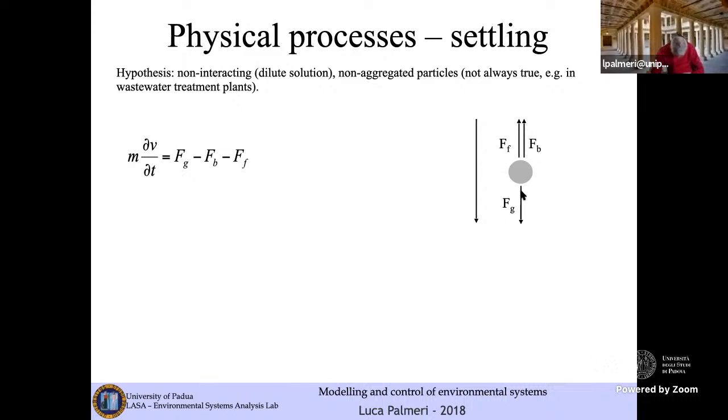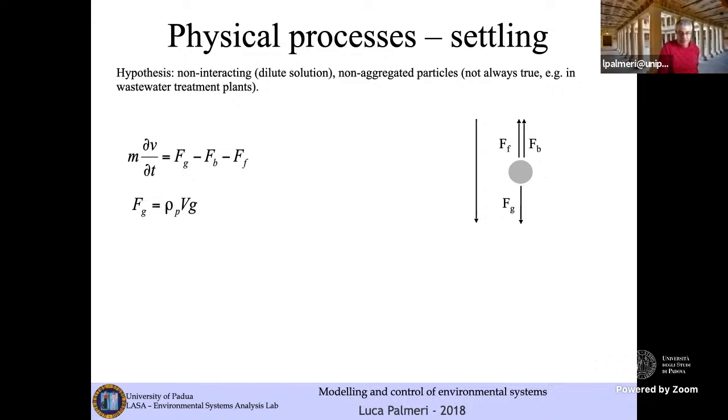The gravitational force is the force that is driving the particle from the upper part of the system down to the sediment. So this is due to the gravitational attraction of our planet. And the other two forces are reverse forces that describe the effect of friction and the effect of buoyancy, related to the fact that a particle in a liquid tends to float.